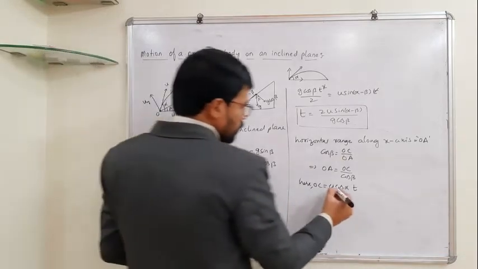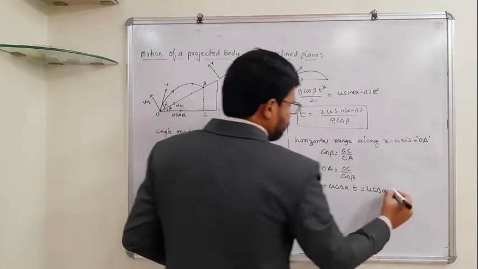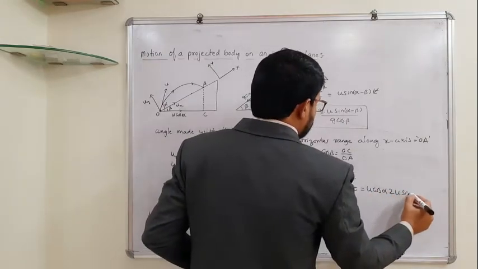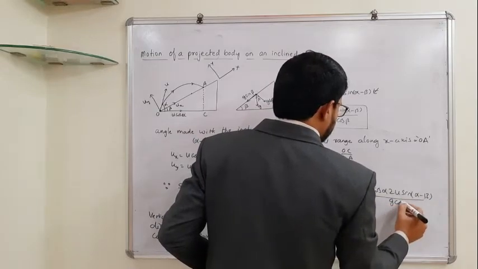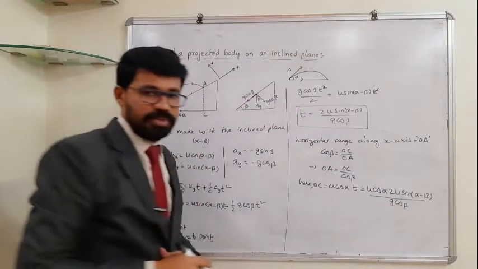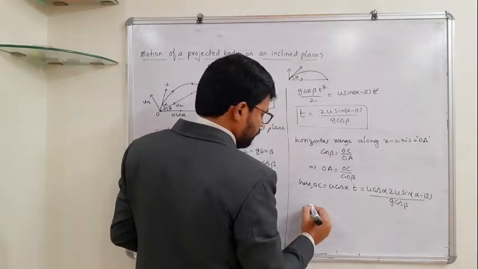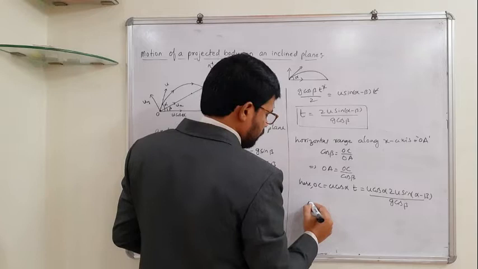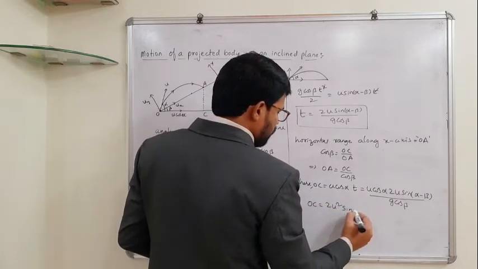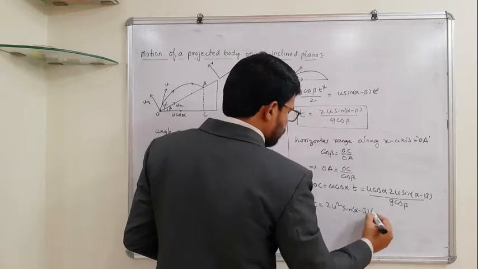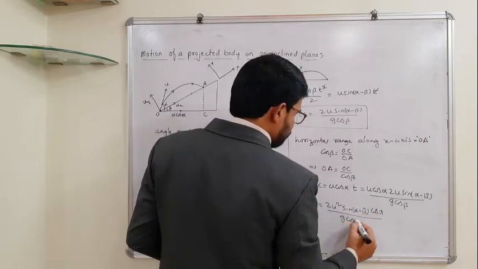So u cos alpha into t, where t is 2u sine alpha minus beta by g cos beta. Simplifying, OC is equal to 2u square sine alpha minus beta into cos alpha by g cos beta.